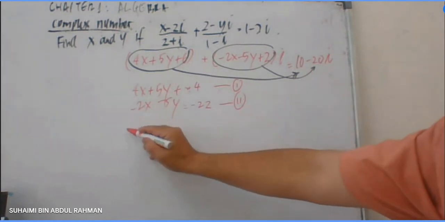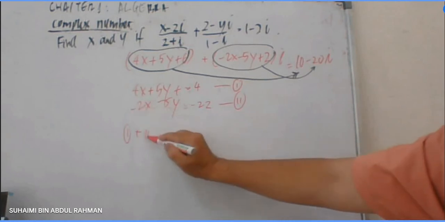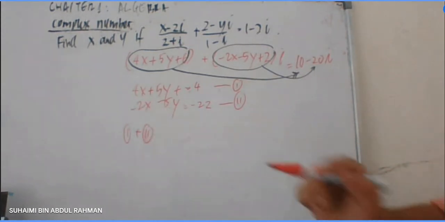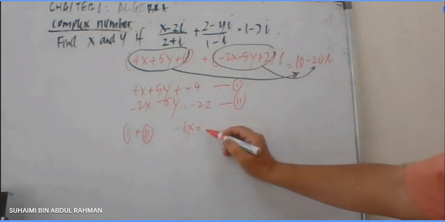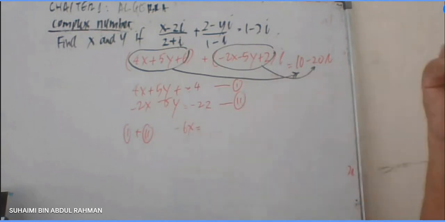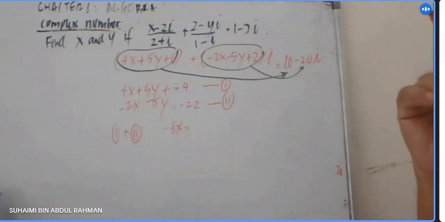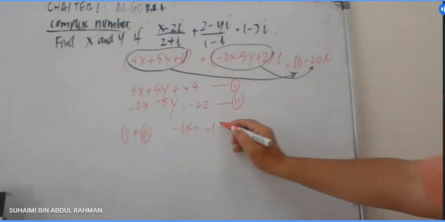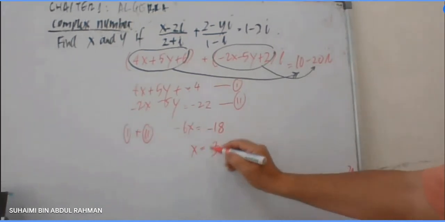When equation 1 plus equation 2, you get minus 6x equal to minus 18, x equal to 3.